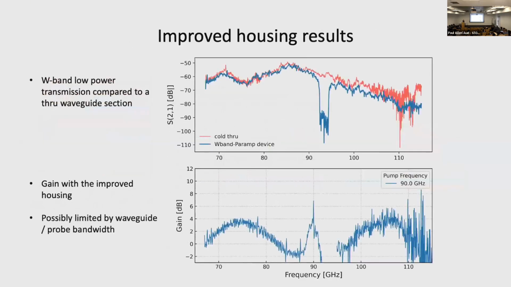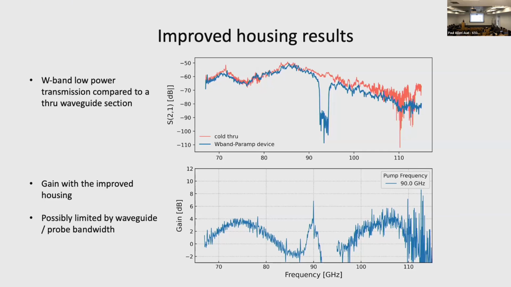Okay, so now we fixed the problem with our device, our housings, and the results are shown here. So these are transmission plots comparing our TWP, where the design band gap is, to just a section of waveguide, at least the lower half of the W band.